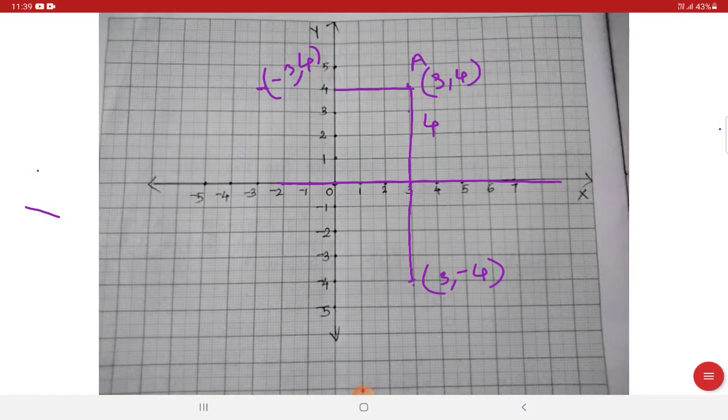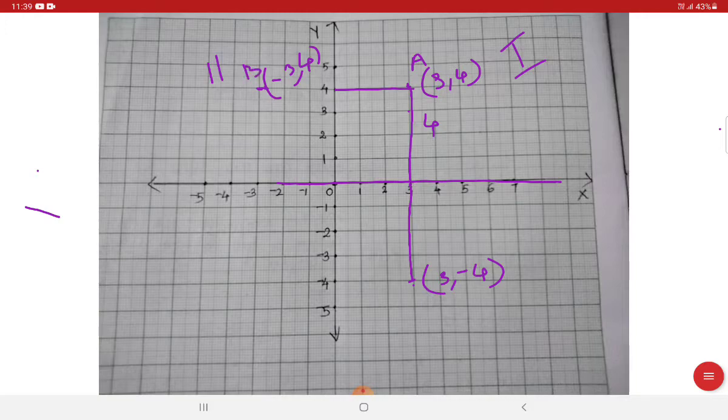Here we have taken a point in the first quadrant. The mirror image of a point in the first quadrant about the y-axis is a point in the second quadrant.